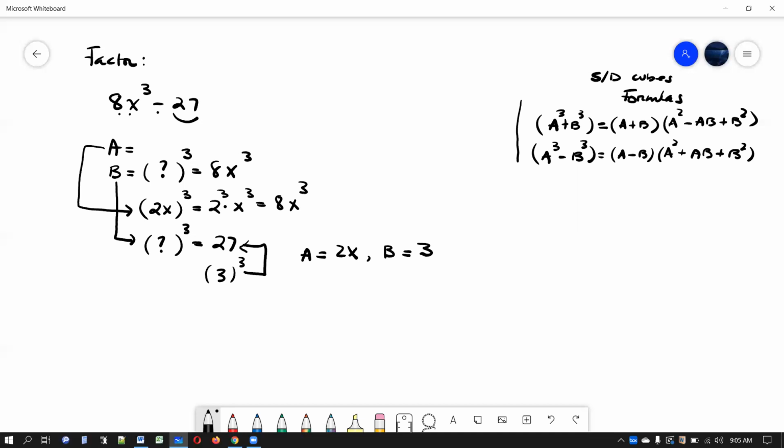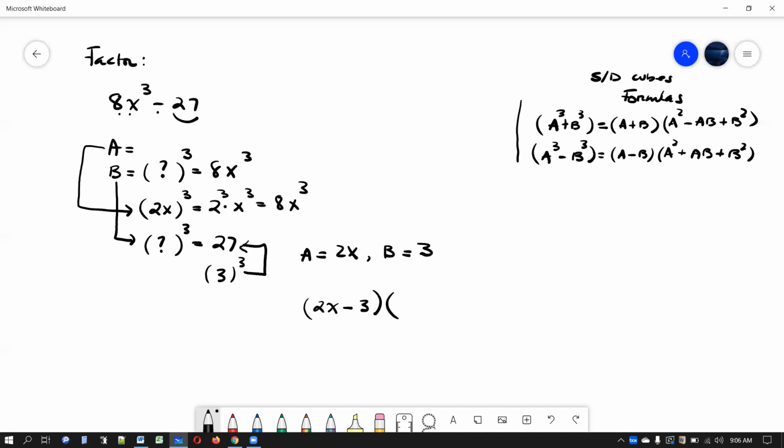I have a difference of cubes, so I'm interested in the second formula right here. Now, once you have A and B, very, very carefully apply the formula for the minus in this case. So your answer would be A, which is 2x, minus B, which is 3, close parentheses, open, A squared.